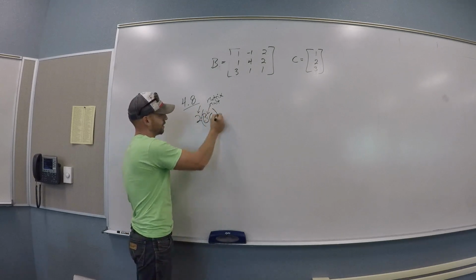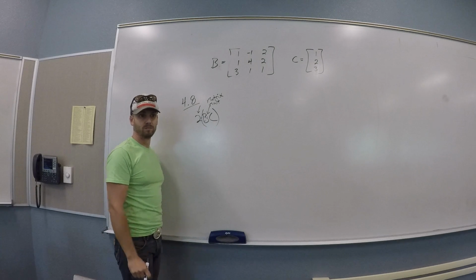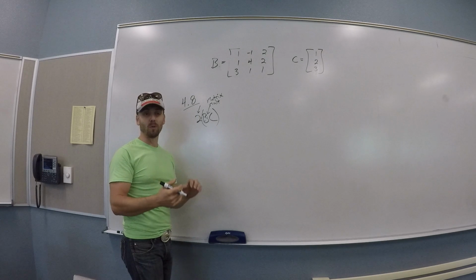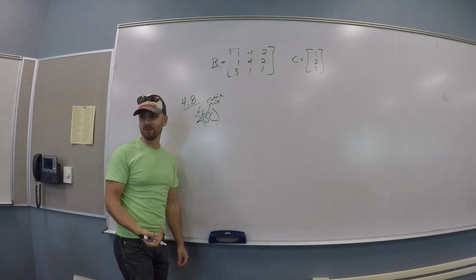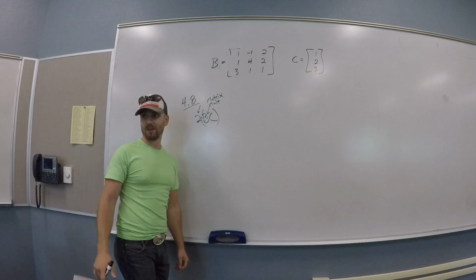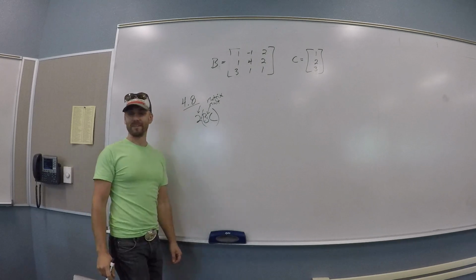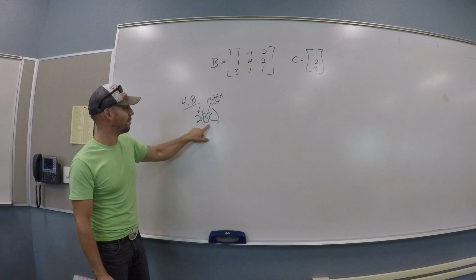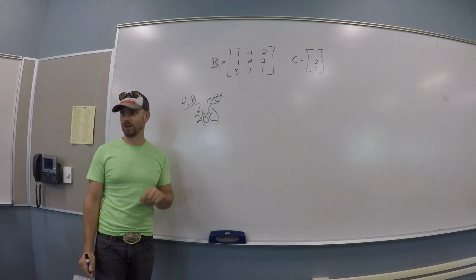I'm going to think about it like this, because that's probably easier. If I keep the numbers smaller, it's going to make my life easier. I put parentheses because I said I'm going to do this multiplication first.